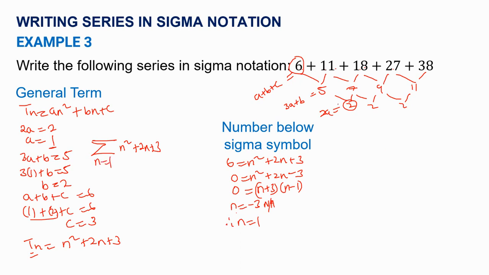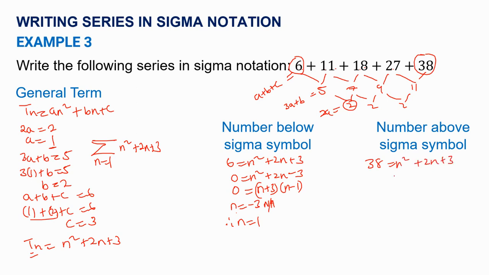Then the number above the sigma symbol should come from the last term. So it becomes 38 is equal to n squared plus 2n plus 3. 0 is equal to n squared plus 2n minus 35.